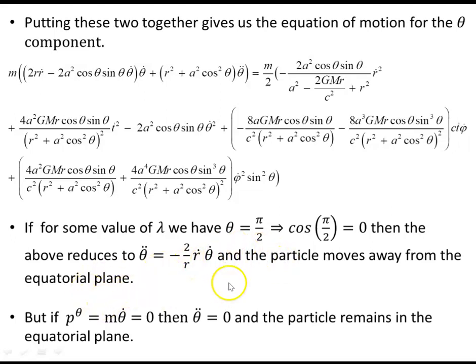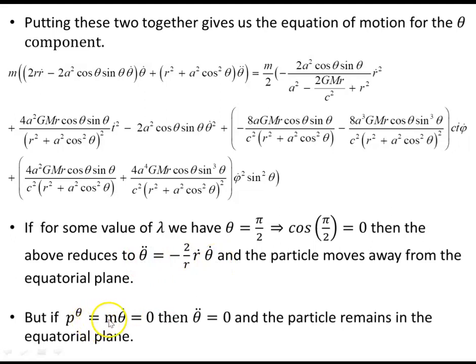Okay, but if we set the polar momentum coordinate, p_θ, to 0, so m times θ dot is 0, then setting θ dot to 0 here means that θ double dot is 0 and the particle remains in the equatorial plane. So for some value of λ, we have θ as π/2. At that point, we have this equation here, which shows that the particle will otherwise continue to move away from the equatorial plane.